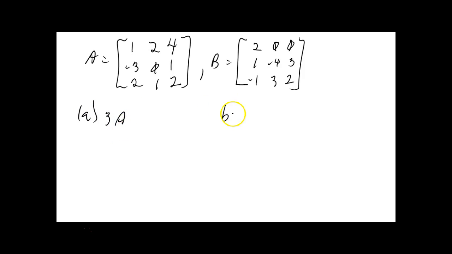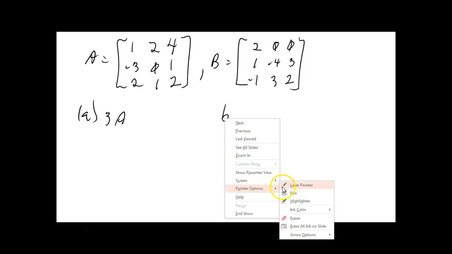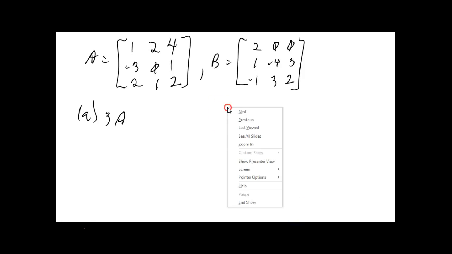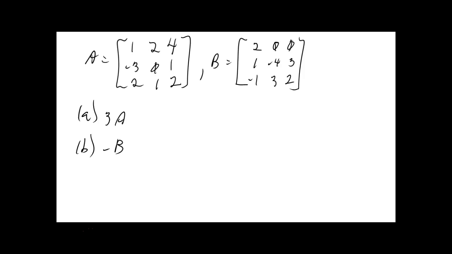This is such a pain to do. All right, B we'll do as minus B, and C is 3A minus B. Can you tell me what 3A is? 3, 6, 12, 9, 0, 3, 6, 3, 6. Okay.